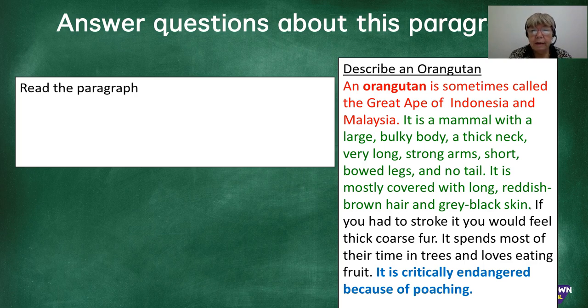It is mostly covered with long reddish-brown hair and grey-black skin. If you had to stroke it, you would feel thick, coarse fur. It spends most of its time in trees and loves eating fruit. This animal is critically endangered because of poaching.